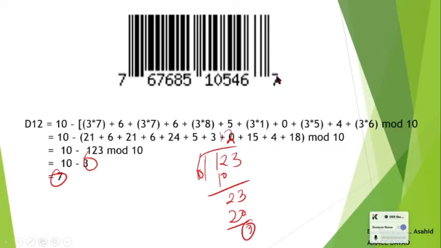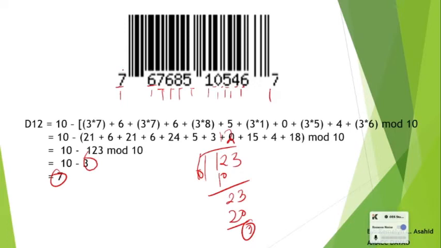So as you can see, 'di ba? 12 digit lang yan eh. So 1, 2, 3, 4, 5, 6, 7, 8, 9, 10, 11, 12.